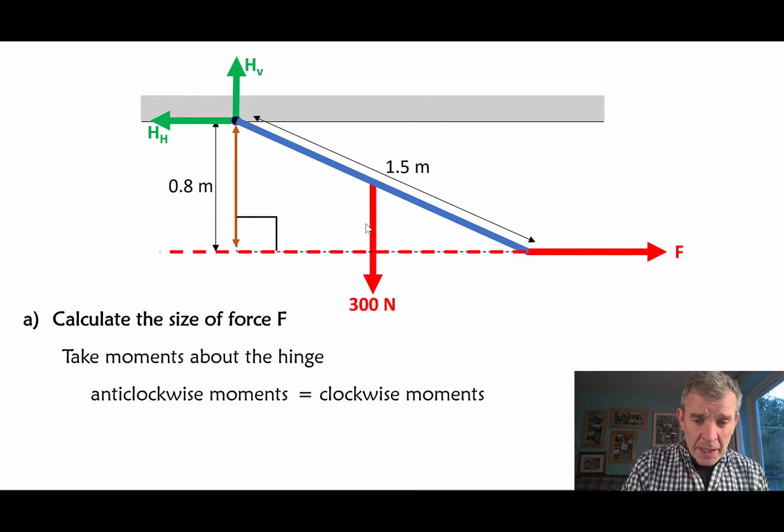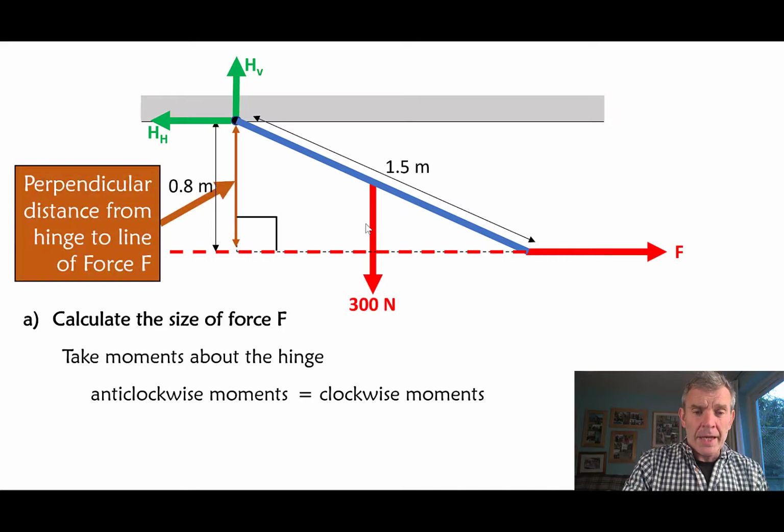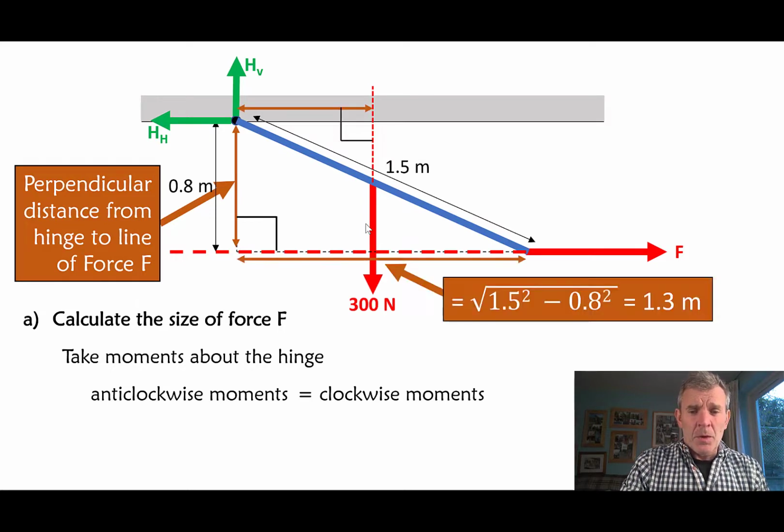The 300 newton force is providing the clockwise moment. In order to work out the clockwise moment from that 300 newton force, we need to work out its perpendicular distance to the hinge. So again, we extend the line of our force, and then draw a line from the hinge to the line of the force that cuts it at right angles. There are lots of different ways of working out the length of that perpendicular distance.